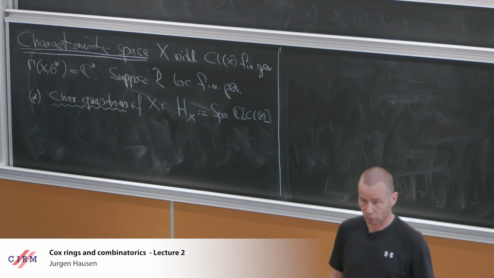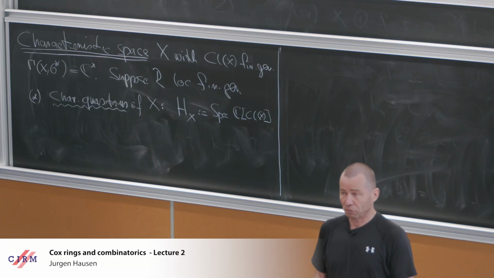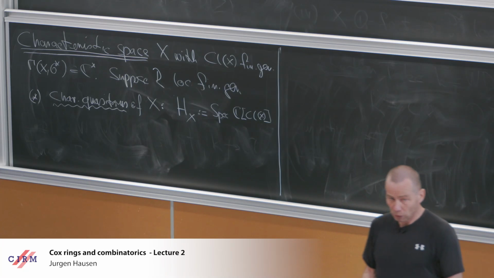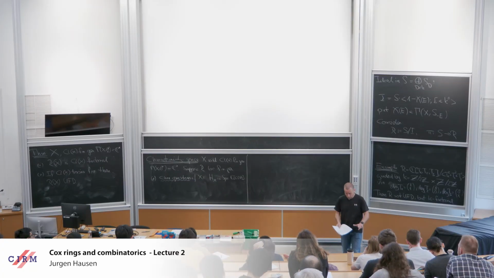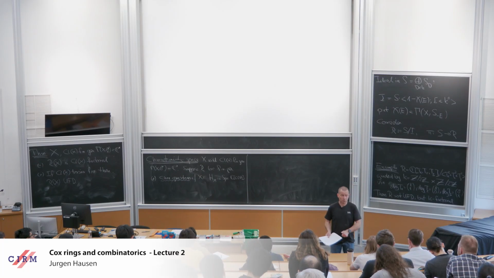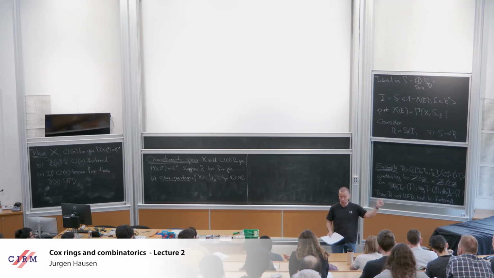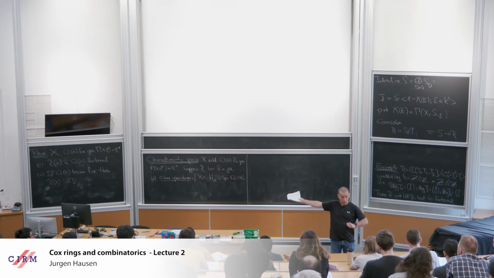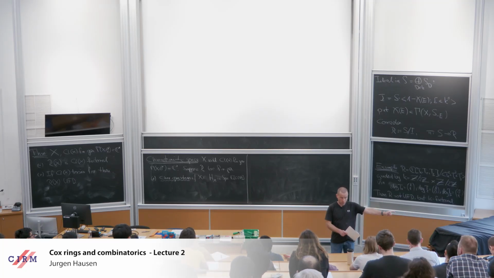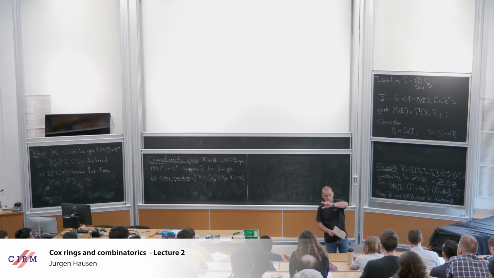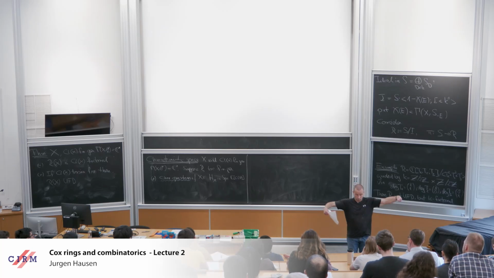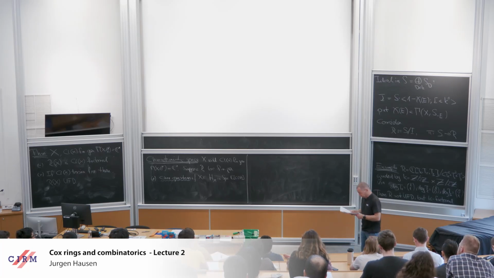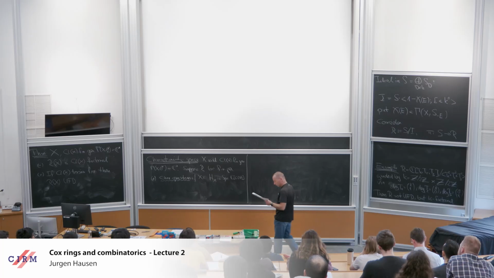Then we get the quasi-torus. If you have a finitely generated abelian group, then you can go directly to the quasi-torus by doing this, and vice versa. If you have a quasi-torus, you can directly go to finitely generated abelian groups by taking the character group. It gives you a contravariant equivalence.